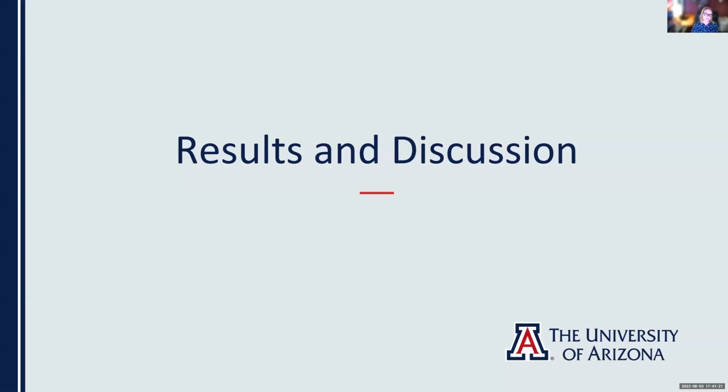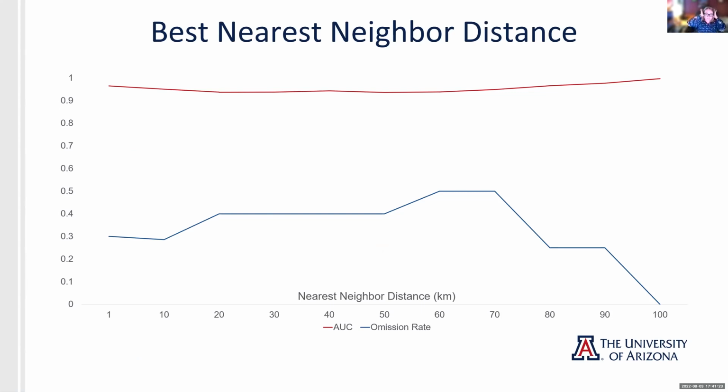Results and discussion. The nearest neighbor distance was changed to find the value that produced the best fitting model, as determined by the area under the curve, or the AUC, of the ROC plot and the omission rate.